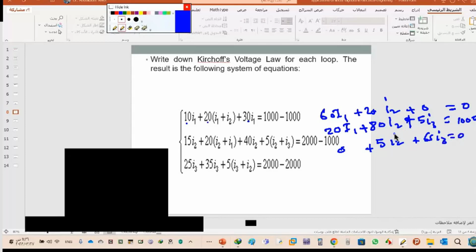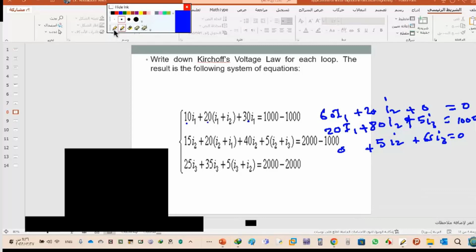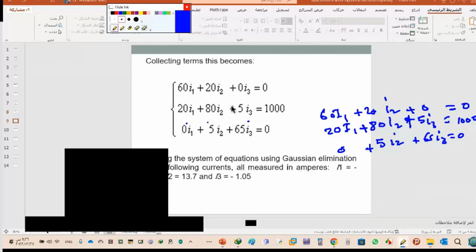Is it correct? Now let's see the book. 60 20 I2 0, 20 80 5000 0 5 65 I3.